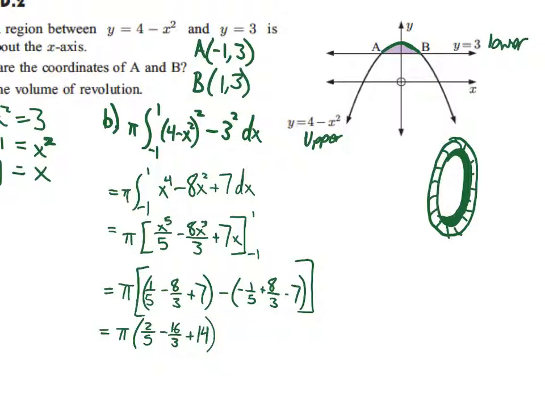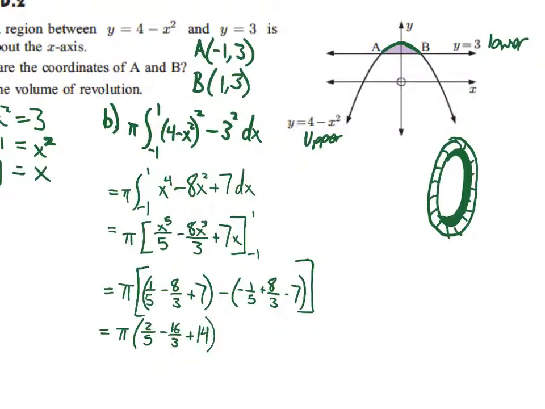If I make it out of 15ths, I'll have 6/15 minus 80/15.